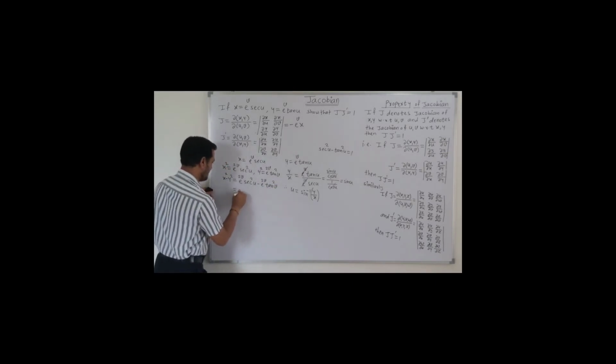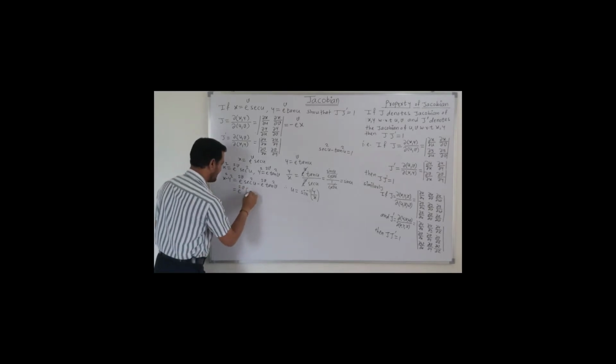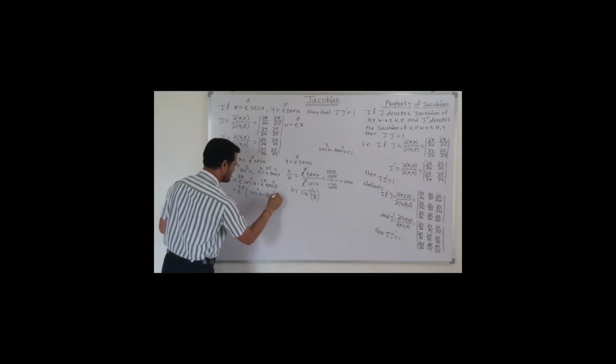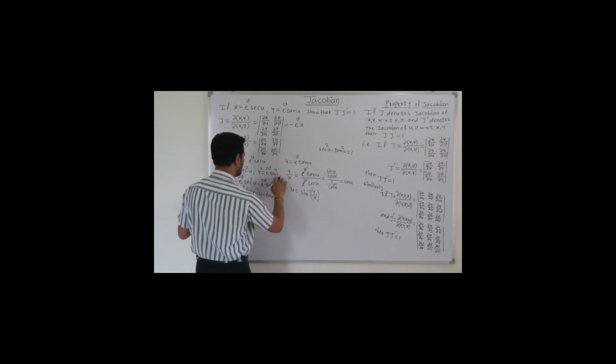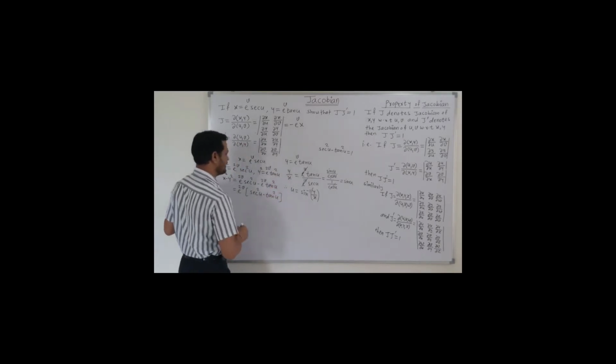If we take e raised to 2v common, the remaining term is sec square u minus tan square u.